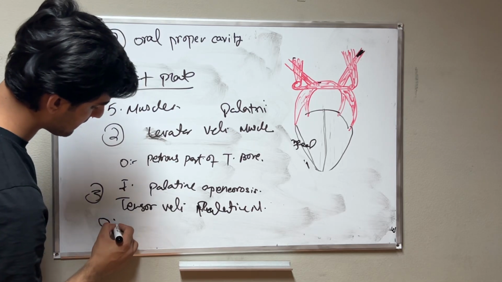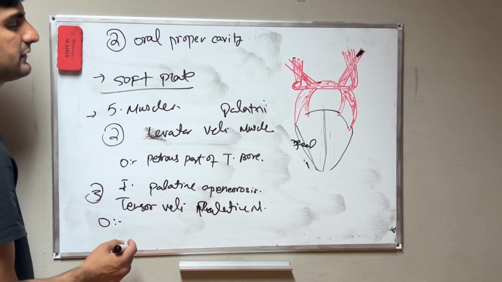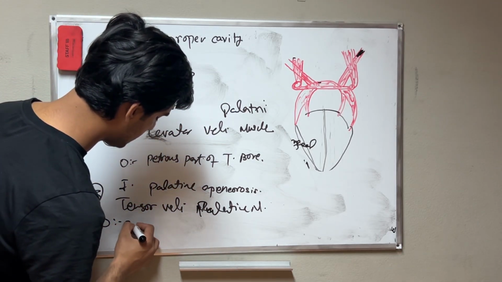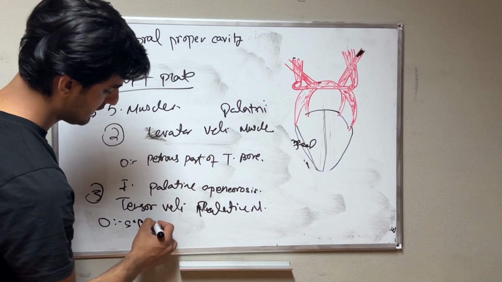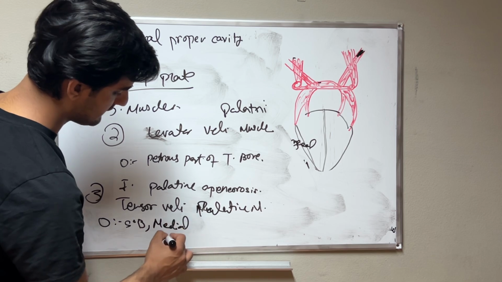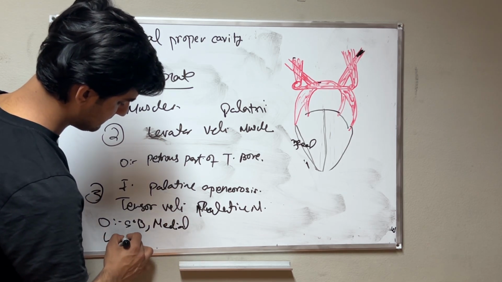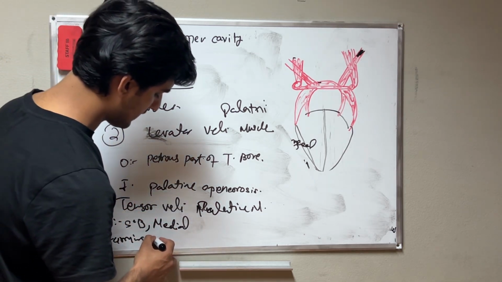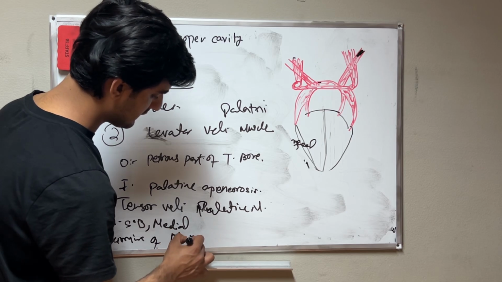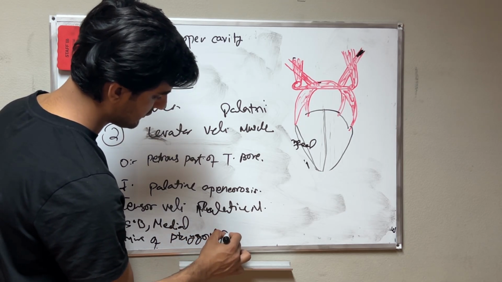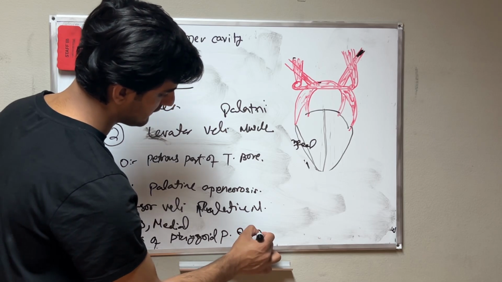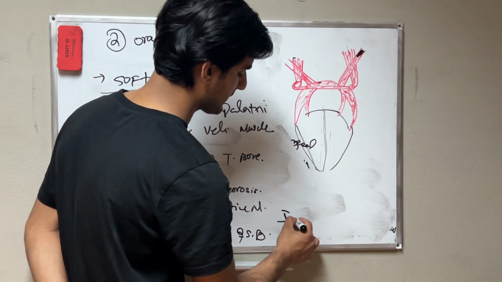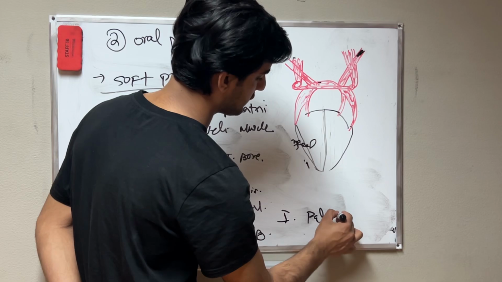If you talk about its origin, it is from the sphenoid bone, the medial plate (lamina) of the pterygoid process of the sphenoid bone. These are the origin of the tensor veli palatini muscle. It inserts into the palatine aponeurosis.